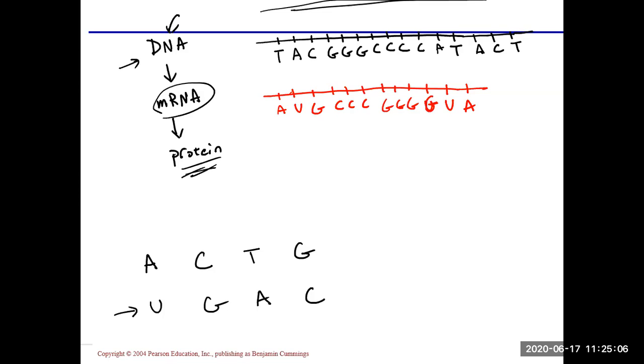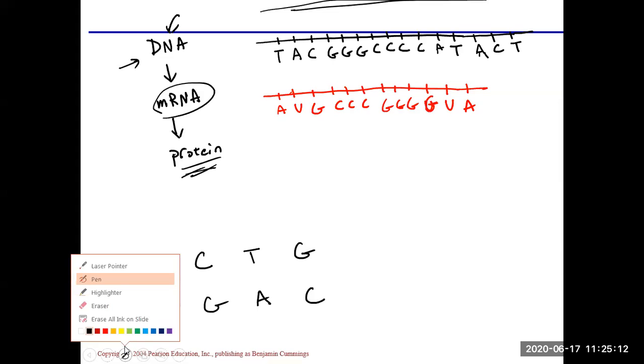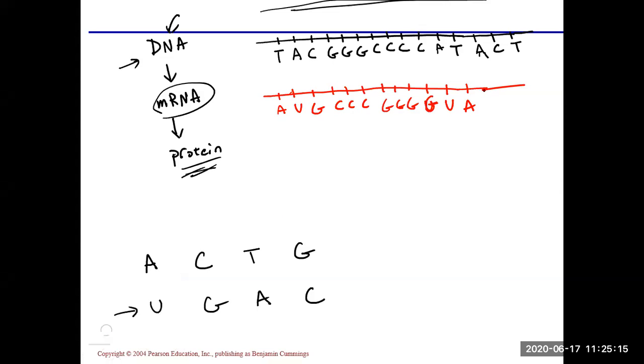Let's add three more. And at the RNA level, you know what it will be, and UGA.